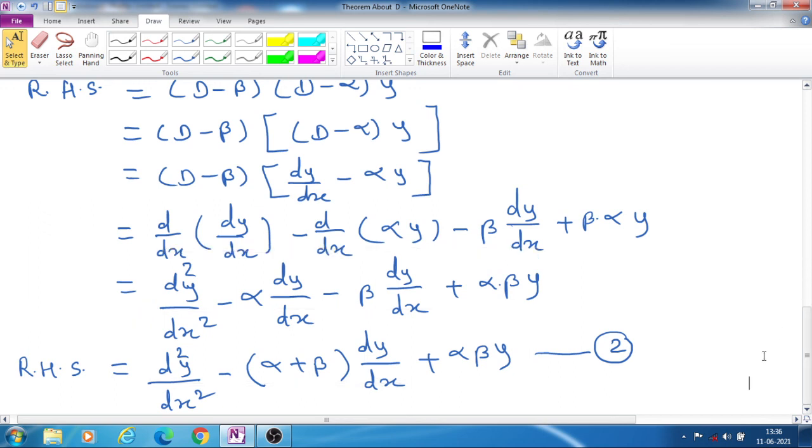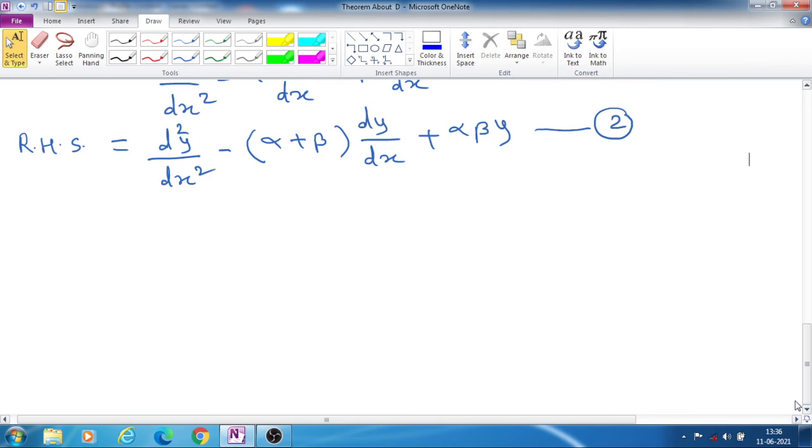So both the values are the same, therefore we can say this LHS is equal to RHS.